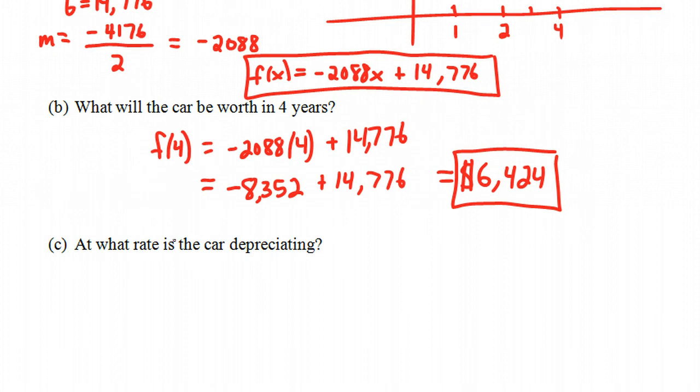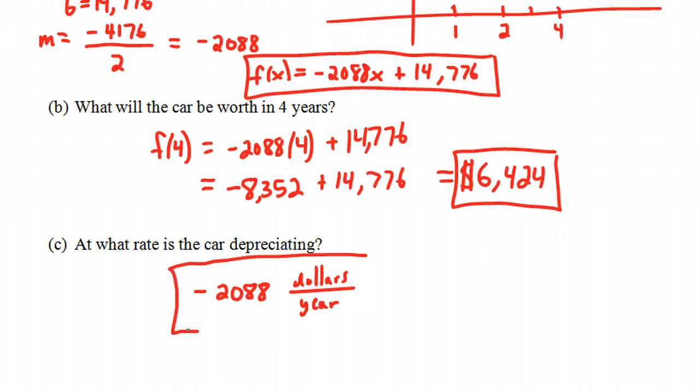Well, notice the rate of depreciation is the m. The m is negative 2,088. And if we were to put units on this, that would be negative $2,088 per year. That's how much it's going down by per year. You could put a dollar sign here or just write dollars up there.